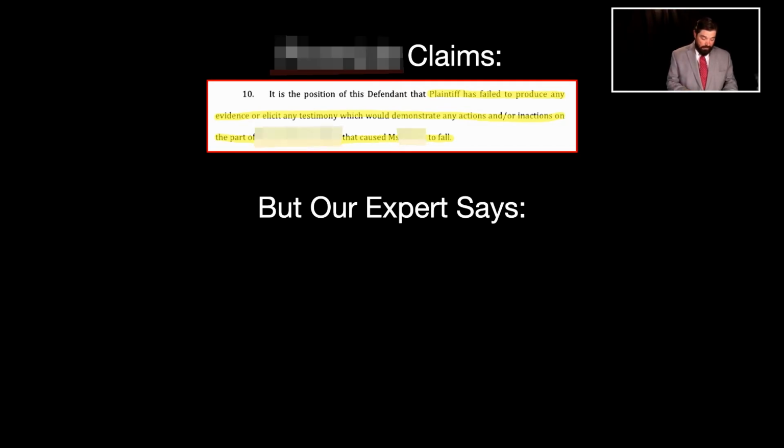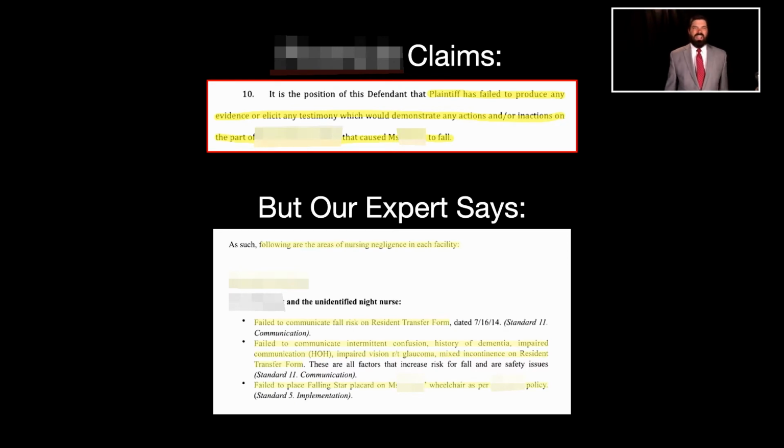But the truth is, our expert explicitly established three things that the defendant and its employees failed to do. There they are, plain as day. That is evidence at this stage of the case. So once again, the claim that the plaintiff has failed to produce evidence on this point is simply false.